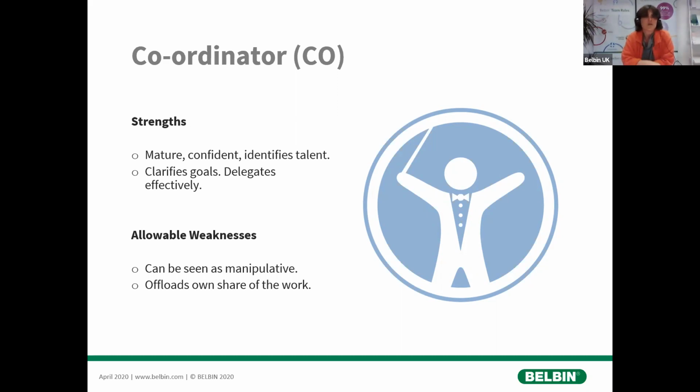Now, sometimes with this coordinator role, which was one of those team leader roles, they did find that they sometimes may delegate a little bit too well. You wonder what they're up to. And they can also be seen sometimes as a bit manipulative. But this was the puzzle. They thought they had identified the team leader, but in fact, had they?